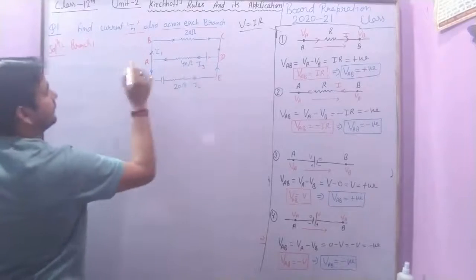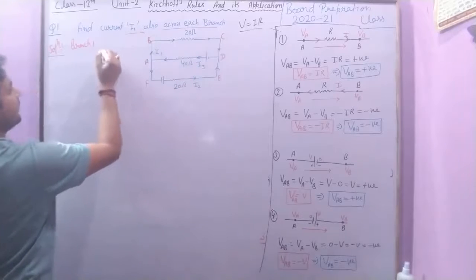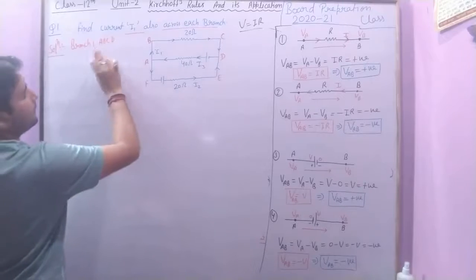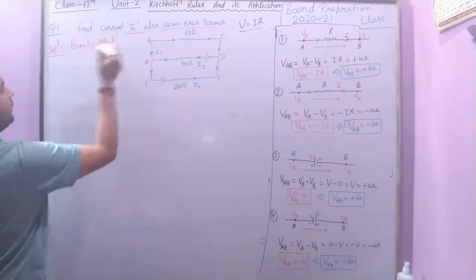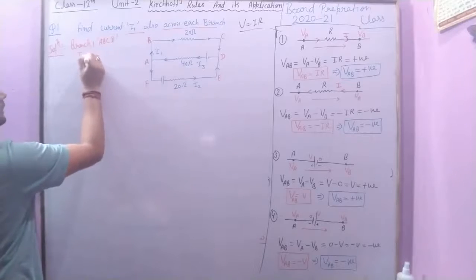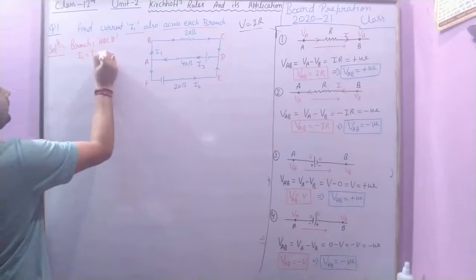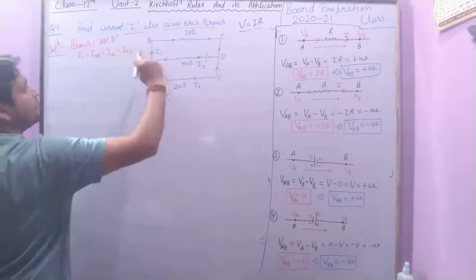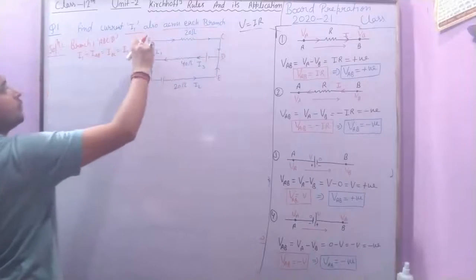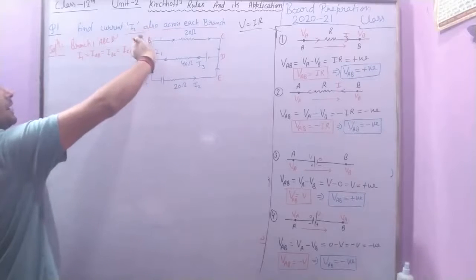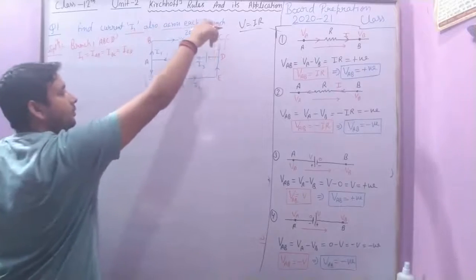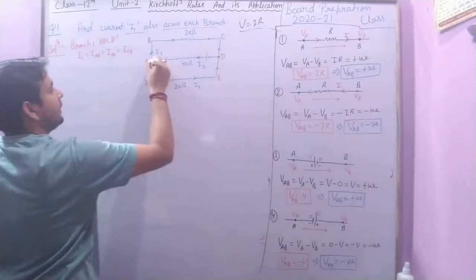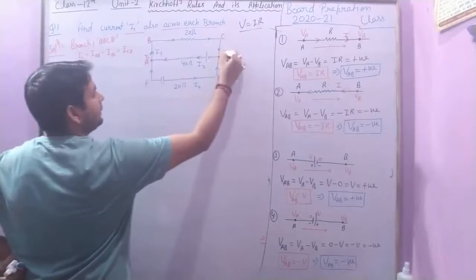Branch 1 is A, B, C, D. This is your branch 1 and we can take I1 equal to IAB equal to IBC equal to ICD, because there are only turns. At point B the wire turns, and at C also it takes another turn and then reaches the junction. Here are the two junctions J1 and J2.